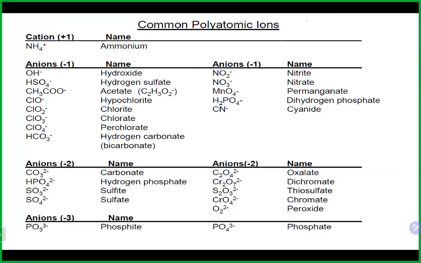All right, so let's do some names for some formulas here. Let's do FeSO4. Let's do MgHCO3 2. Let's do CuOH2. Then why don't you also write the formula for potassium hypochlorite.